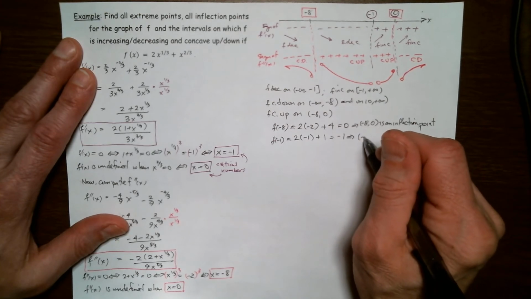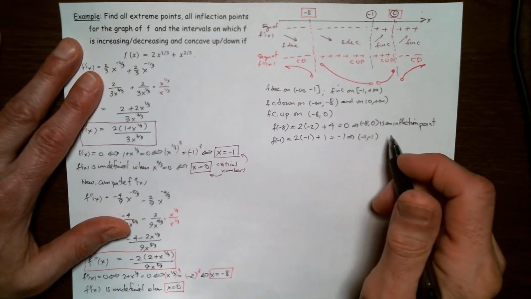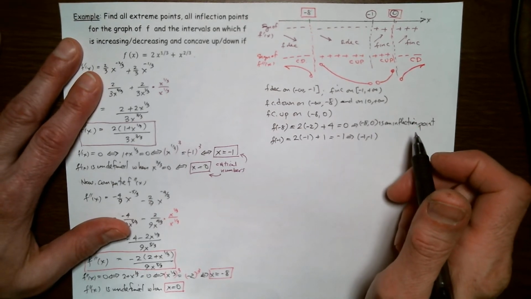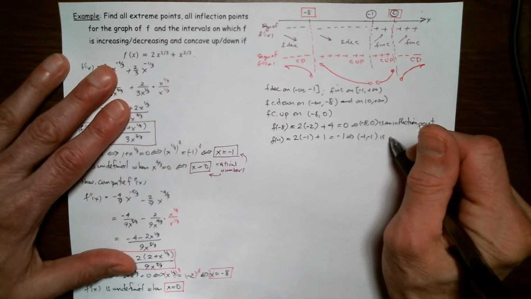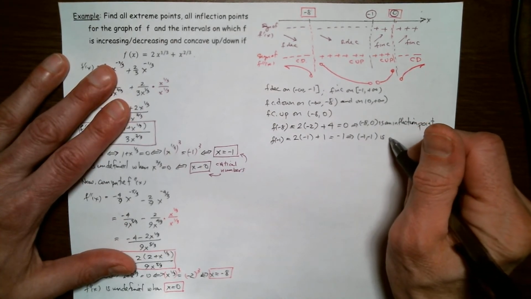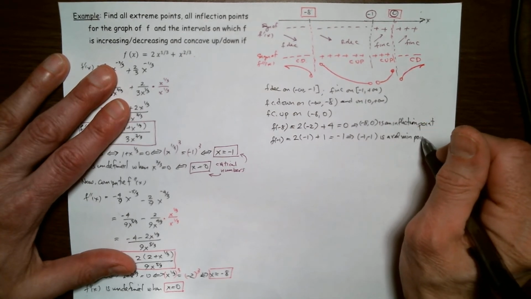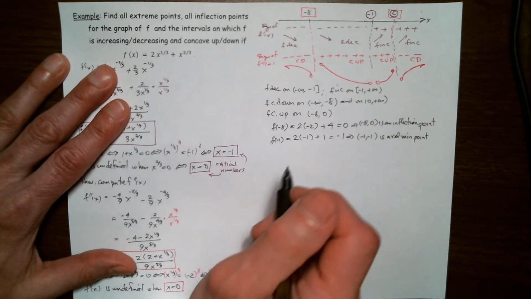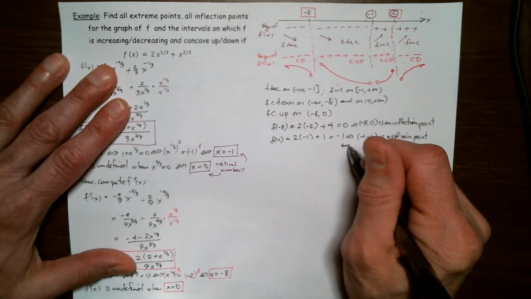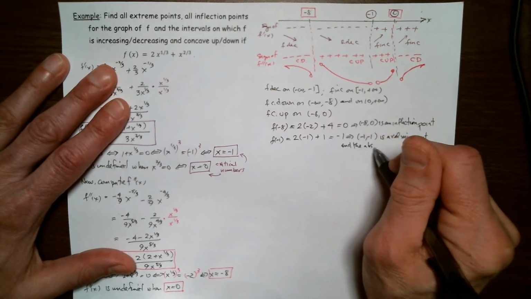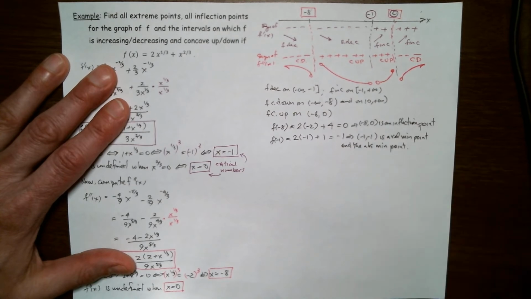So that means the point minus 1 is a relative minimum point, and in fact it's also the absolute minimum point on the graph of f.